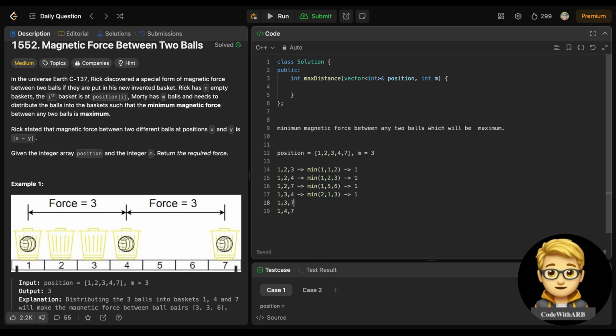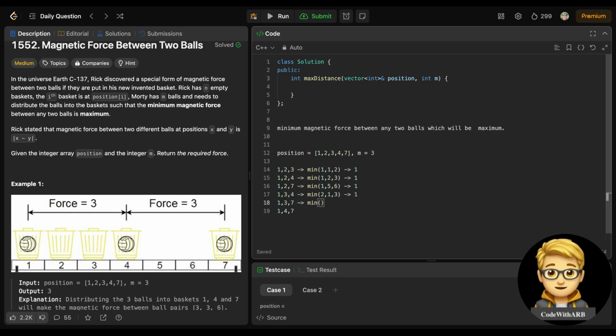So if we do this, what we need to do is take the maximum of all the minimums. These are the minimums which I get from individuals, and between these minimums I need to find the maximum, and that will be our answer, definitely, right?